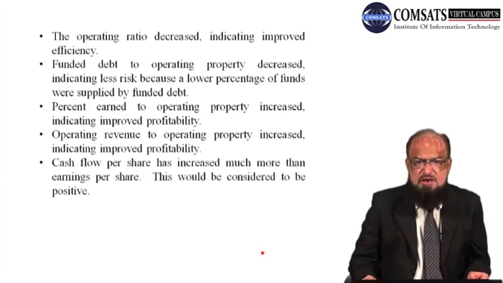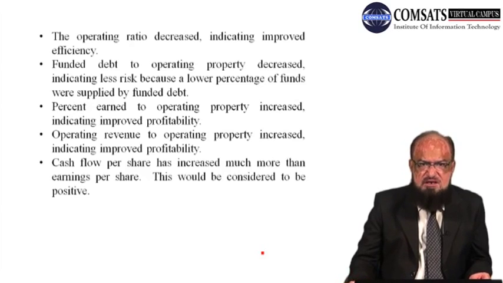Percent earned on operating property increased, indicating improved profitability. Operating revenue to operating property increased, indicating improved profitability, and cash flow per share has increased much more than earnings per share. This would be considered positive for the business.